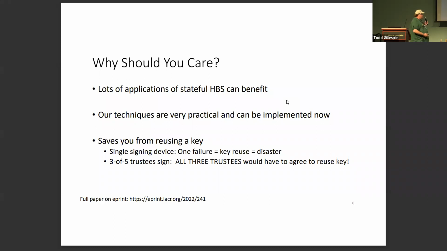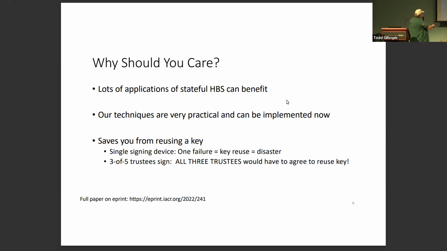And this also gives you a defense against the big problem with stateful hash-based signatures, right? The big problem with stateful hash-based signatures is you could reuse that key. Remember, you have this job of I have to use a key I've never used before to sign. If you screw that up, which is really easy to do in your implementation, then you reuse a key and it's a disaster and people can forge your signatures.